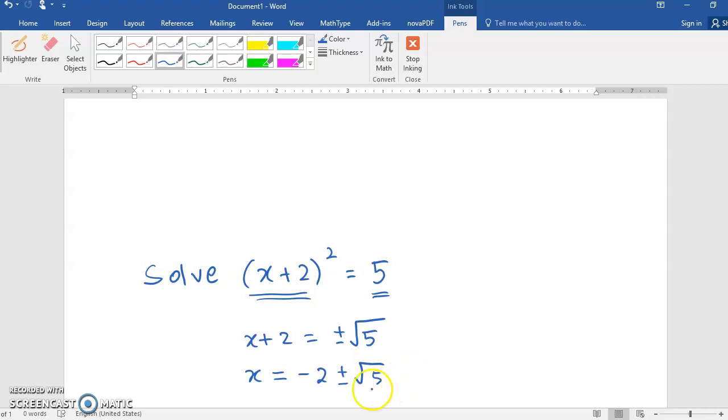Which means to say x is equal to negative 2 plus root 5 or x is equal to negative 2 minus root 5. And that's your answer. You don't even need to expand, you don't even need to factorize, you've already solved it. So our idea is to get something like this, a perfect square on the left hand side and a number on the right hand side, so that we can just take square root and solve for x immediately. Okay, coming back to this question over here.